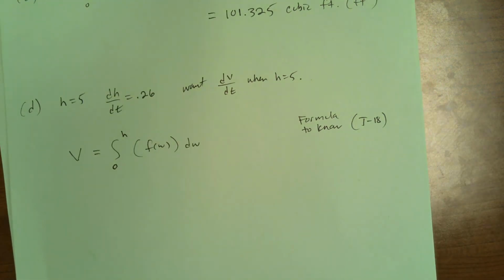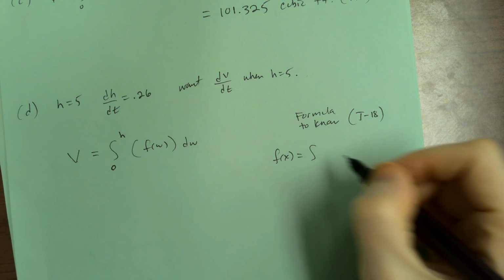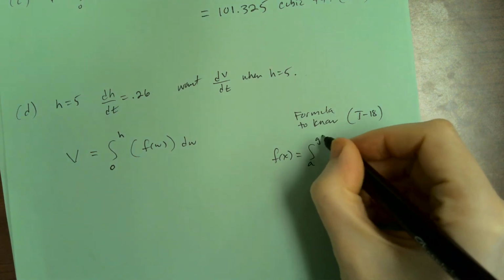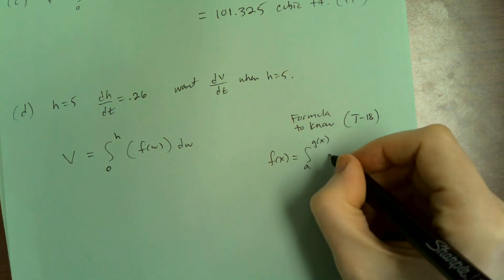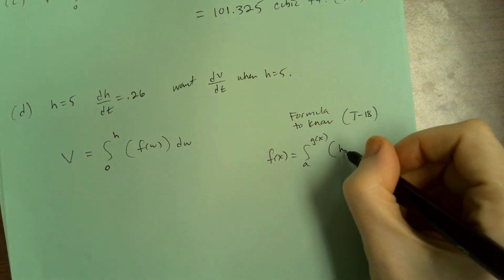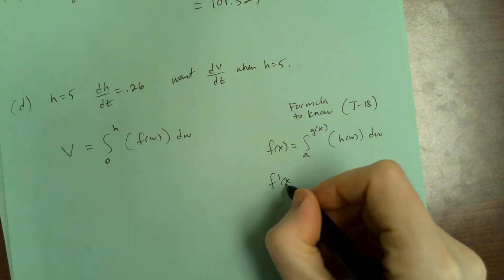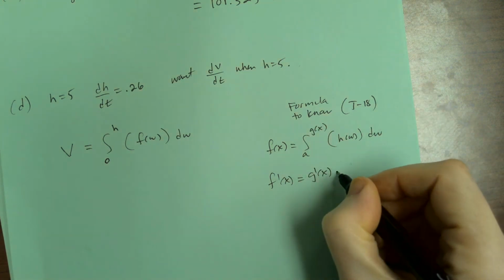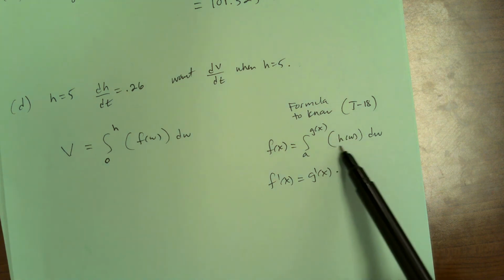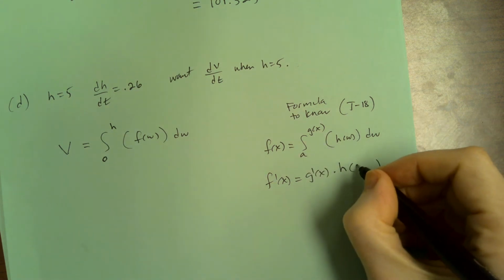You might not remember, but if you have f of x equal to the integral from some number a to g of x of, say, h of w dw, then to do the derivative, you take the derivative of the upper function, g prime of x, times the input with the w replaced by that top function.